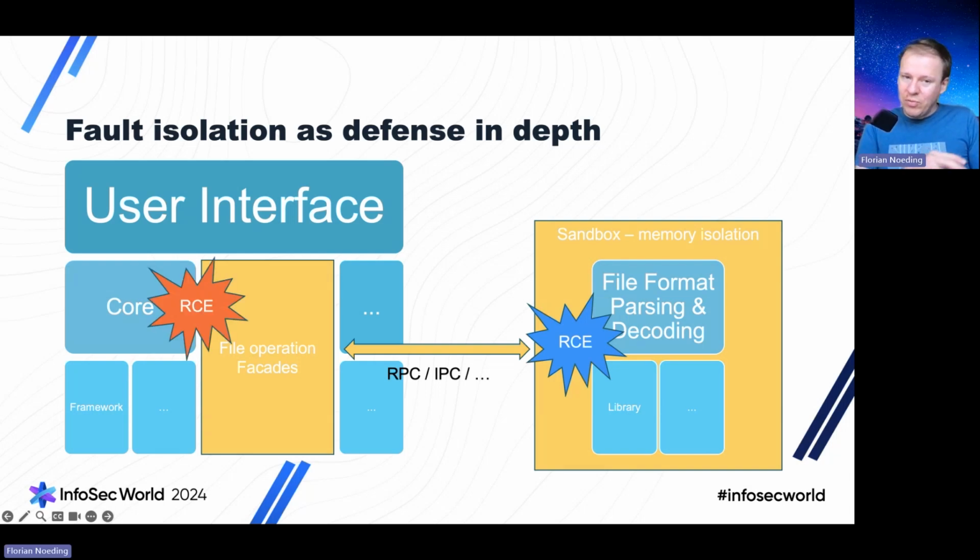Of course, this new file operation facade, the boundary layer between the host application and the sandbox code, can be vulnerable too. That is still written in a memory unsafe programming language, usually C and C++. And if you have tainted data coming out of this file format parsing and decoding, you might still be able to lie about the length of data fields.